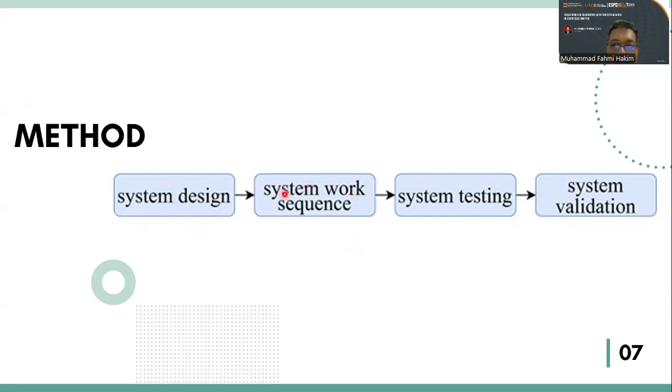The second step is the system work sequence. The third is system testing. And the last step is system validation. Okay, now let's go to the first step in the method, that is system design.